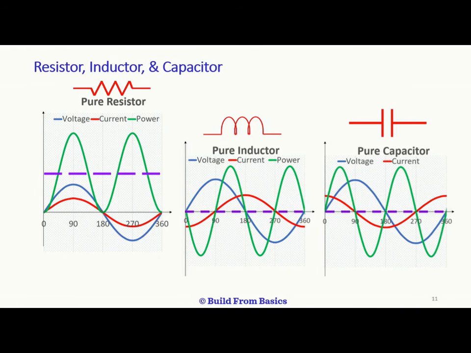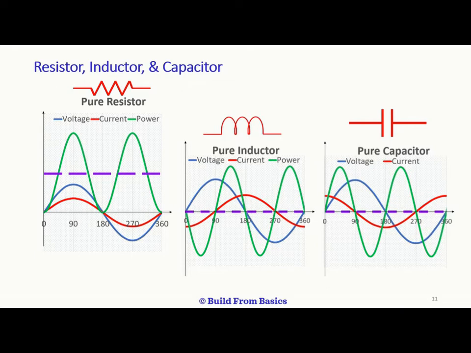Now this is the combined waveforms of voltage, current and power of a resistor, inductor and capacitor. This is presented here for comparison. In reality, a pure resistor, capacitor or inductor never exists. The resistor is associated with some inductance and capacitance, and an inductor always has some internal resistance, and even some parasitic capacitance across the inductor.